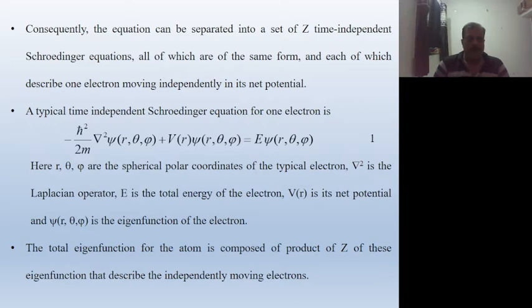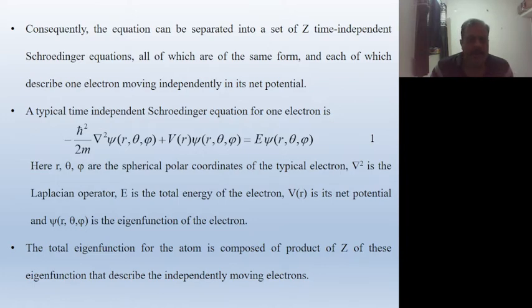A typical time-independent Schrodinger equation for one electron is minus h cross square upon 2m del square psi of r, theta, phi plus V of r into psi of r, theta, phi is equal to E psi of r, theta, phi.